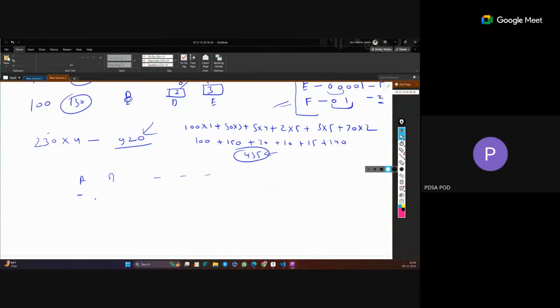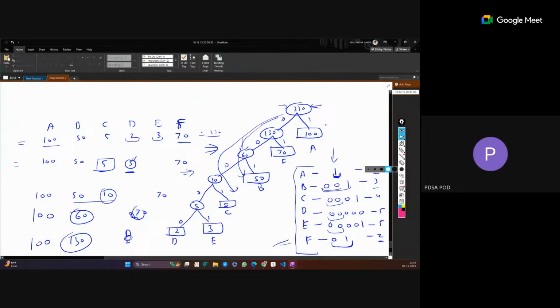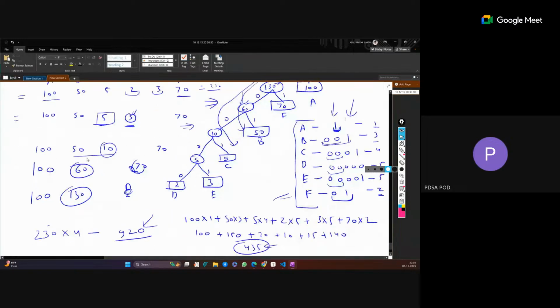Apply the same Huffman code algorithm rules: always pick the two smallest, combine them and generate the Huffman tree, then mark 0 and 1 on the left and right, each left as 0 and each right as 1, and then generate the codes. The question will generally ask for the code of A or B or C, the length of the code, or the average of the code lengths. This is the process to solve Huffman code problems.